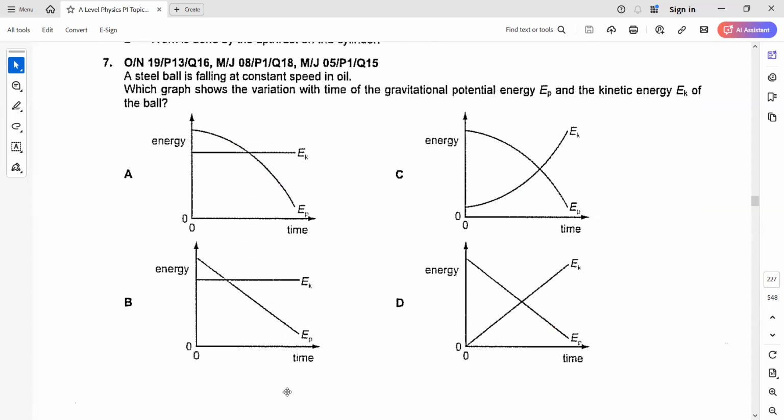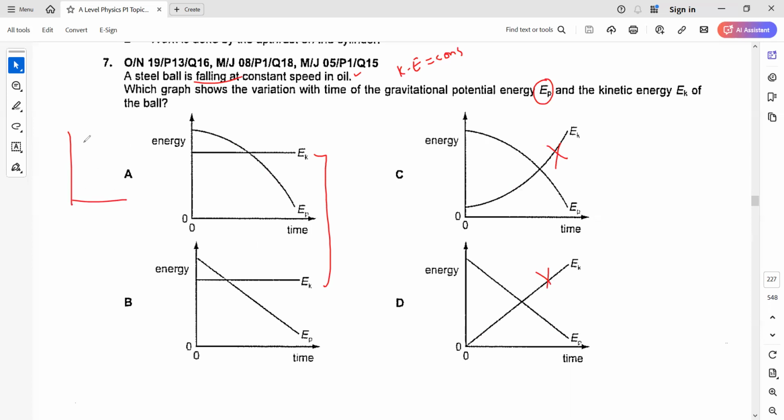Question 7. It says that the steel ball is falling at a constant speed. Constant speed means kinetic energy is constant. So kinetic energy can't change. This graph shows the variation with time of the gravitational potential energy and the kinetic energy. So something is falling at constant speed. That means gravitational potential energy is going to decrease, right?